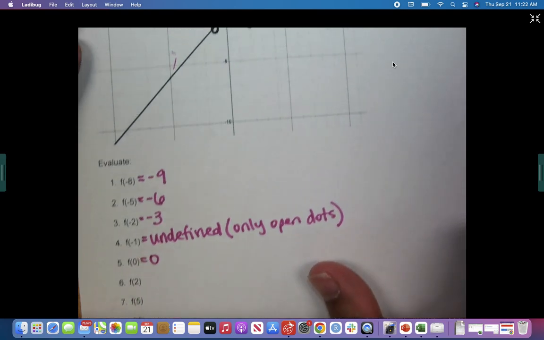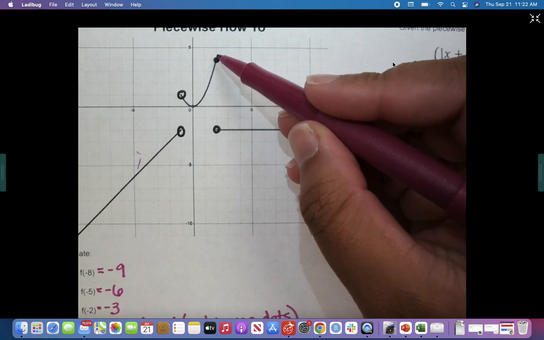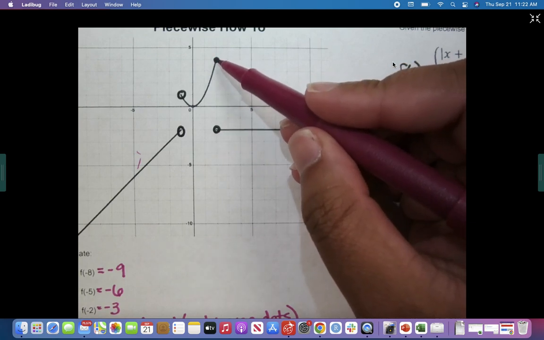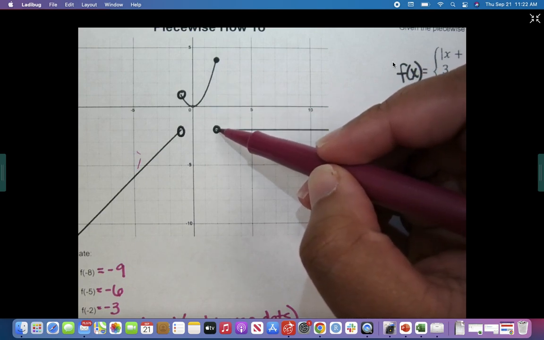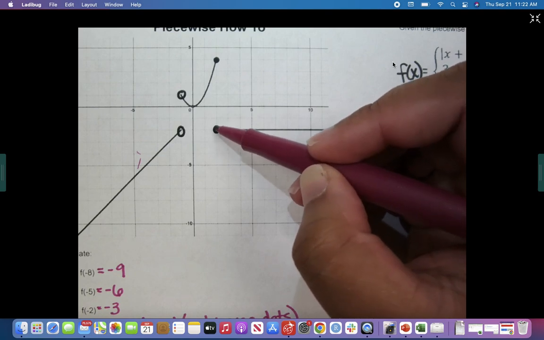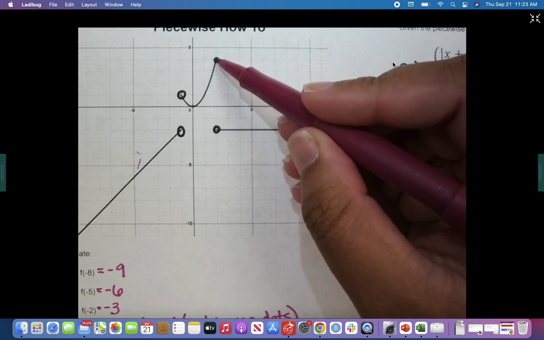F of 2. Same thing. So 1, 2. I've got this dot up here, and then I've got this open dot down here. So I've got a solid dot and an open dot. As long as you have a solid dot or a solid piece of graph for an x value, you always go with whatever value that solid piece or dot is on. That one is open, so that value is not included. I come up here, that's solid, so that value is included. So f of 2 is going to equal 4.